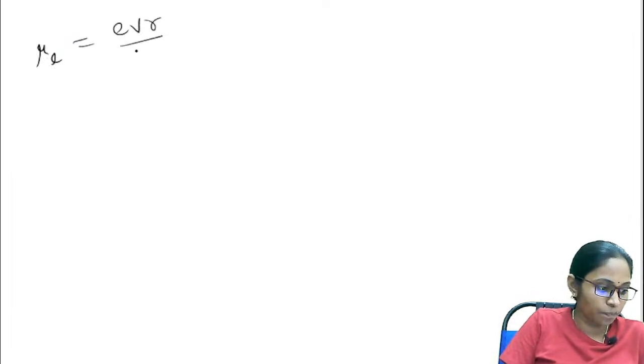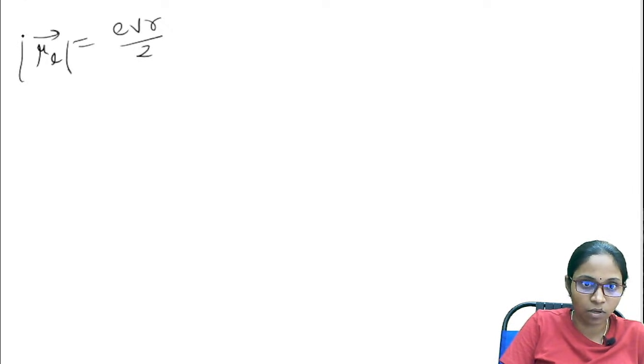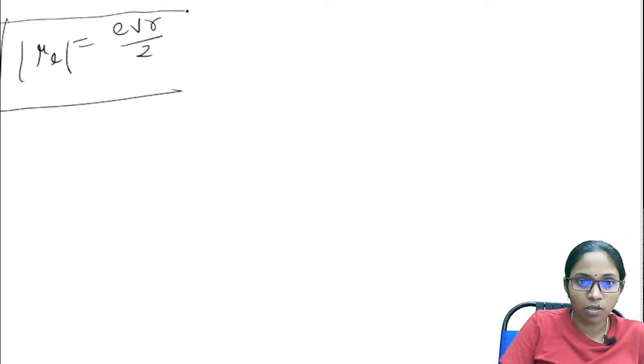E V r by 2 is the magnetic dipole moment. Here I am considering the modulus of this orbital magnetic dipole moment, and this is equation number 5.